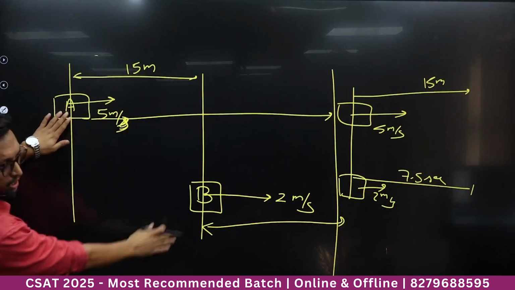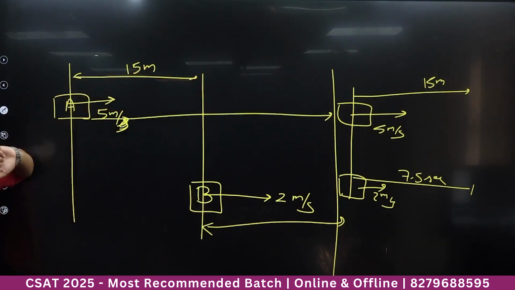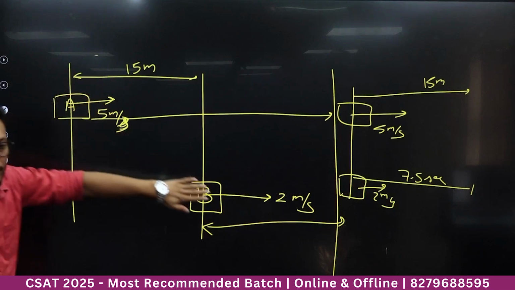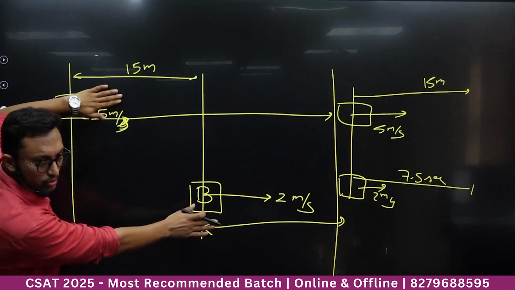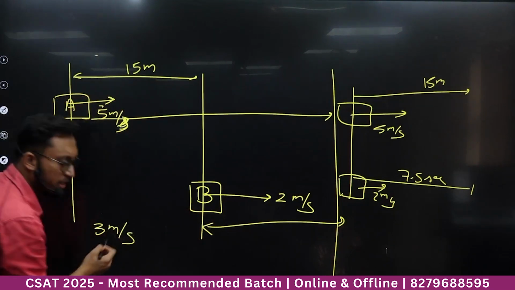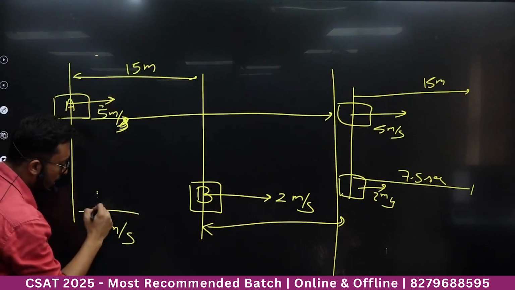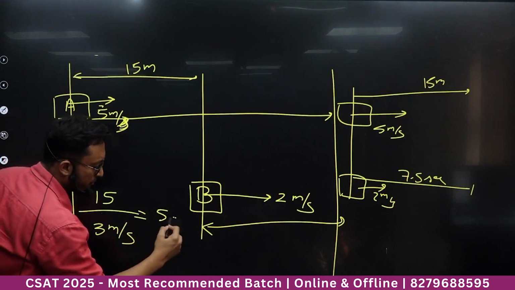Relative to this car has to move 15 meter extra, and it is traveling with relative speed, क्या है? This is 5, this is 2, so 3 meter per second. 3 meter per second relative speed से it has to cover relative distance of 15. So total it will take 5 seconds.